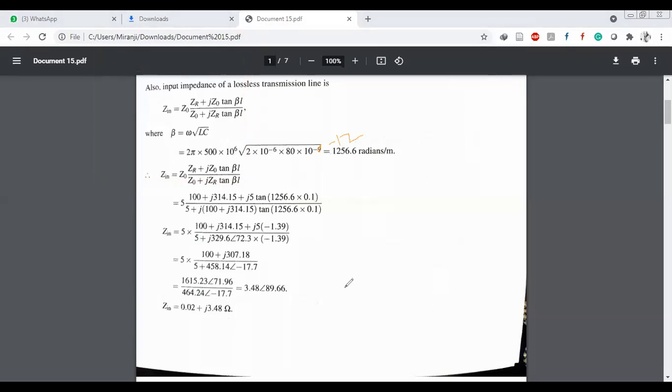This is a very important problem. This was already given in a final examination earlier.